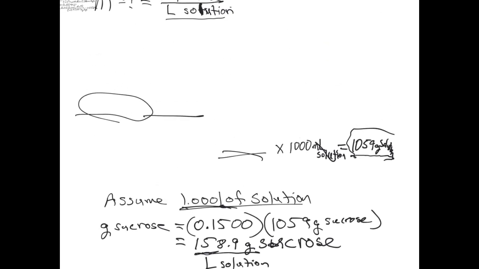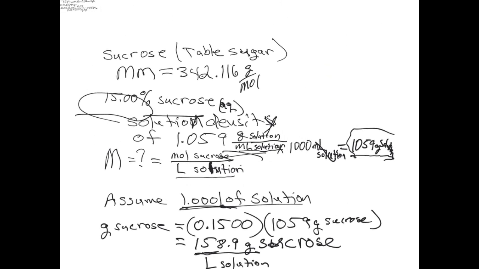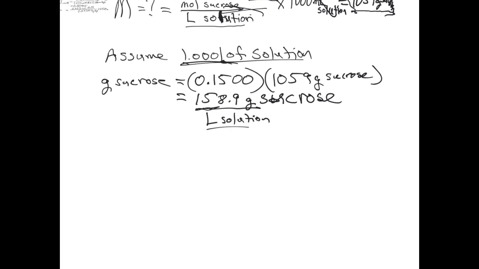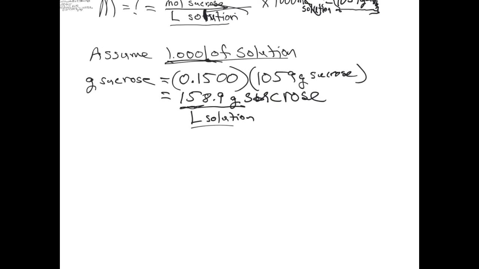So I need to use the molar mass that we just looked up, 342.116. So I can go ahead now. Take my 158.9 grams, divide by 342.116 grams per mole.